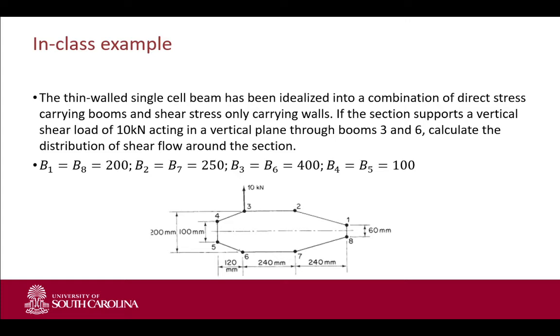It's a closed section and requires you to use booms. In this case, the book does a weird trick, so I want to see if you can figure it out yourself, and we'll discuss this in next week's lecture. I would highly recommend you do this at home. First of all, it's good practice. It's a closed section, so you have to make a cut. The location of the cut will be important. Finding all the shear flows is important, and then finding the correction shear flow as well. It's important.